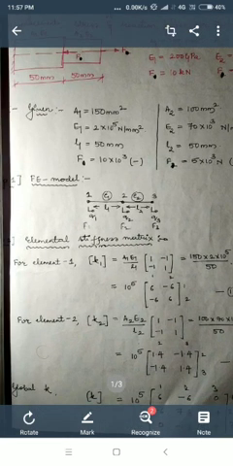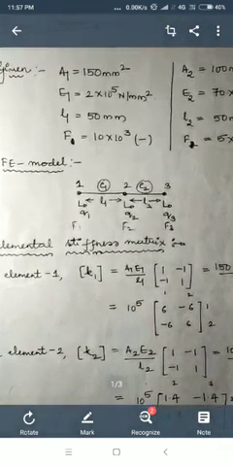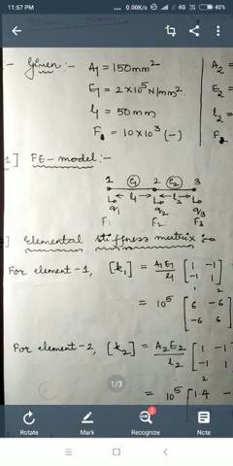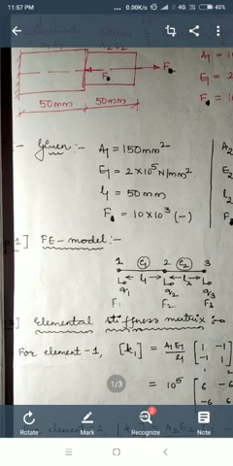Now the first step of the problem, that is the FEA model, that is a line diagram of the bar element. I have drawn it, and I have given node numbering also, 1, 2, 3 like this. Started from the extreme left end and ended at the extreme right end. You can go in reverse also, but I have started from the extreme left end.